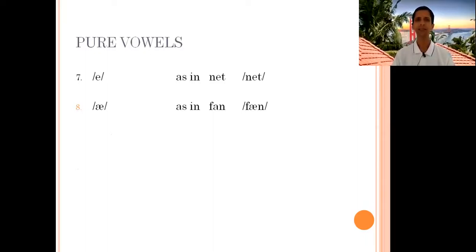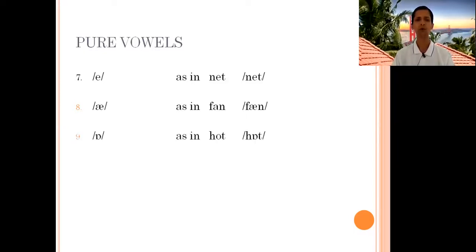For example, such a person may pronounce the word bank as bang, because the sound a is not something that we see in our regional languages. But in English, this is a very common sound, and it is seen in many words like man, bag, cat, etc. So this sound is a, as in fan.